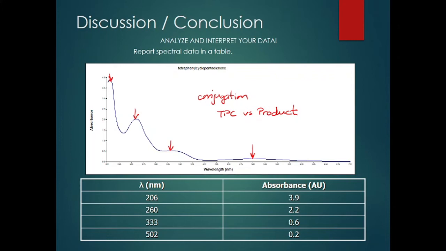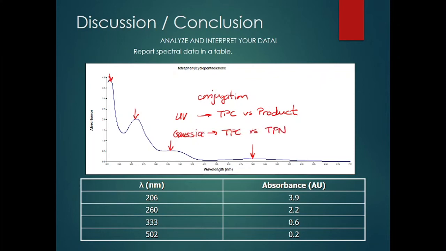So that raises the question then, how do we know which is actually more conjugated? And this is where Gaussian comes in. We'll have to look at structures using the Gaussian program, and that one will tell us which is actually more conjugated. So the UV tells us TPC versus product, and Gaussian gives us information of TPC versus TPN.